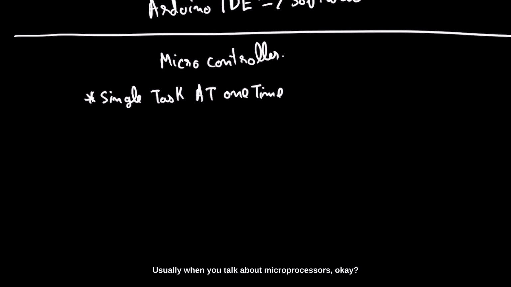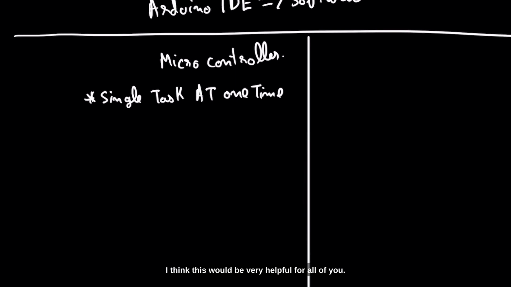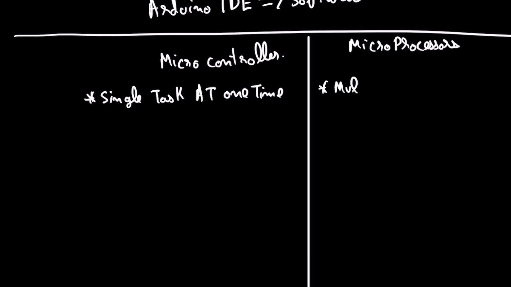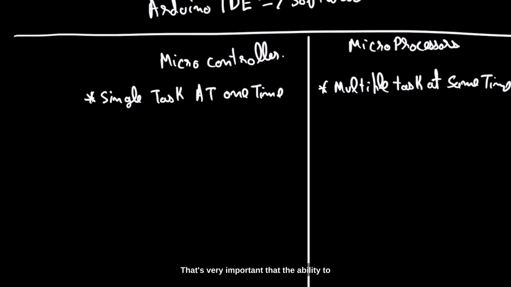Usually, when you talk about microprocessors, I think I should draw a table. I think this would be very helpful for all of you. Microprocessors. So when you talk about microprocessors, then it's a different story altogether. Why? Because in microprocessors, you can perform multiple tasks at the same time. That's very important, that the ability to have different processes at the same time is only available in microprocessors.